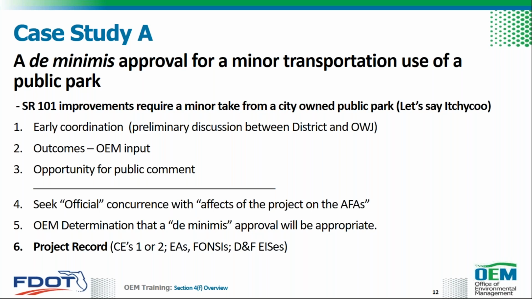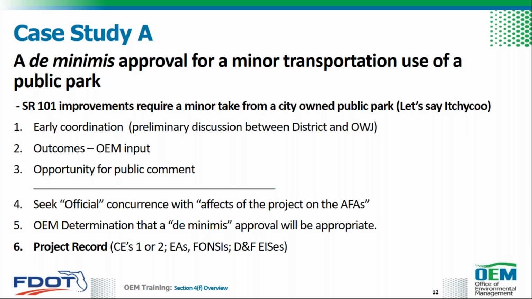At that same point in time, we would also want the official with jurisdiction aware that we're going to be seeking public input, so we would inform them of that. At all times, when you're talking to the officials with jurisdiction, and especially the public, try to speak in terms of the effects to the activities, features, and attributes of the resource, rather than immediately talking about 4F.